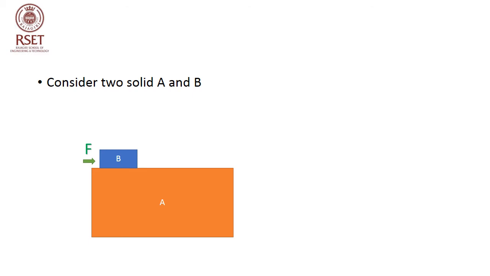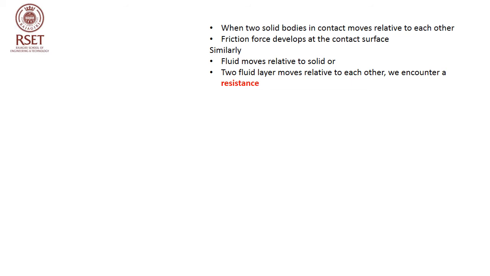First of all, instead of fluids, I am taking the case of two solids, A and B. Let A be stationary and B be moving under the application of a force F. When it is moving forward, what happens?